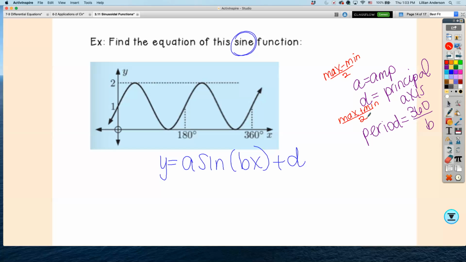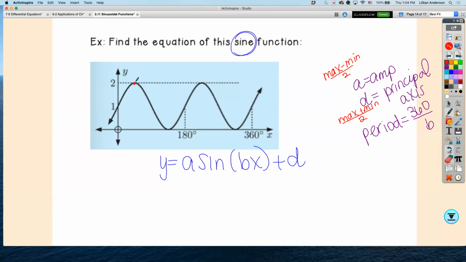So if you can look and see, what is the amplitude going to be? What is going to be the value of A? Okay, it's fine. We'll use the formula. It would be 1. Let's use our formula.